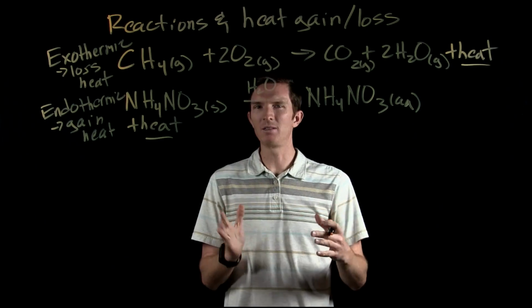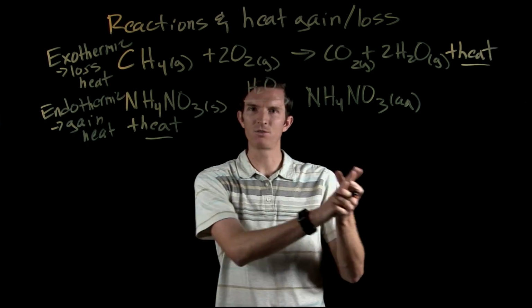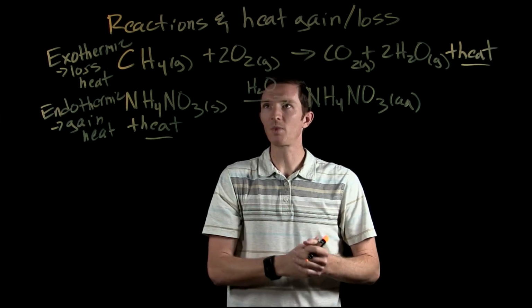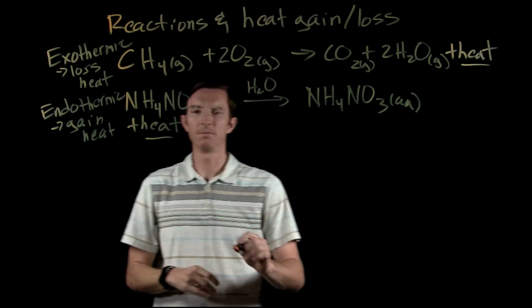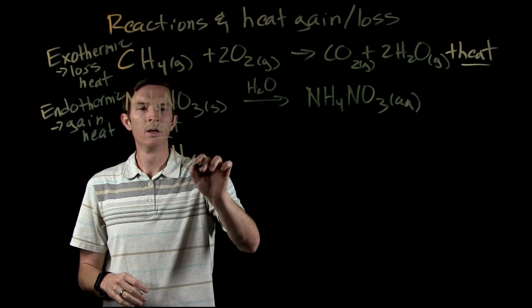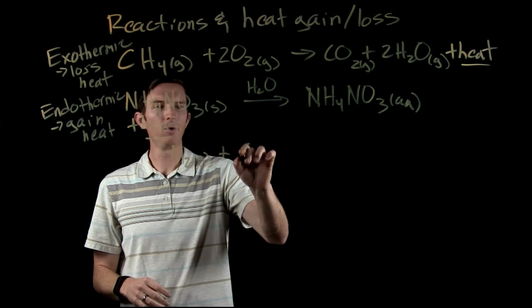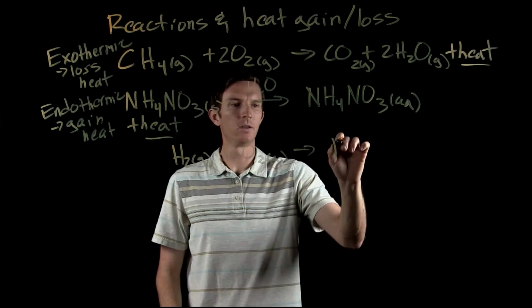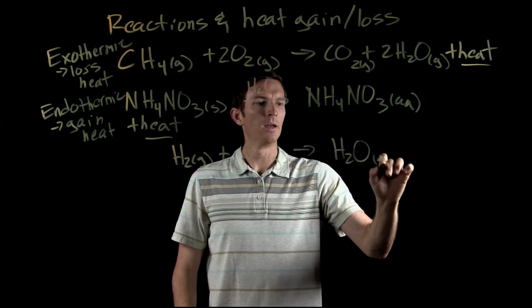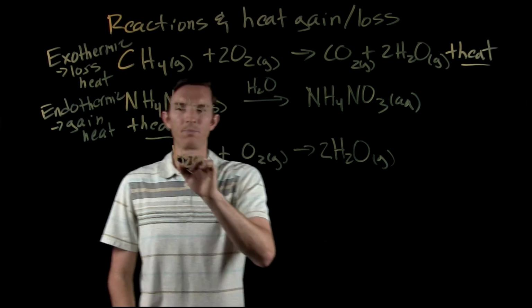Now let's talk about why. It's not this idea of something hot transferring heat to something that's cold. So we're going to use an exothermic reaction. Let's say we have hydrogen and we react it with oxygen. They're going to react together and give us water.